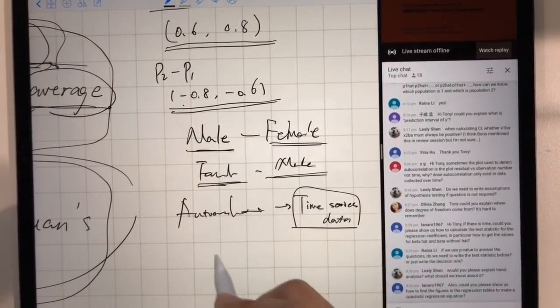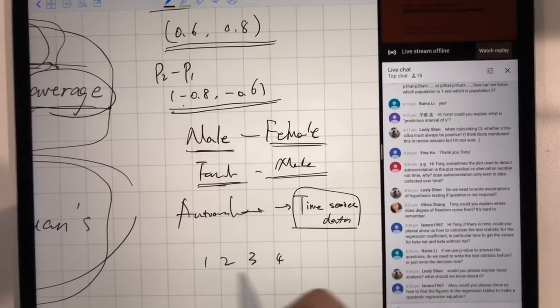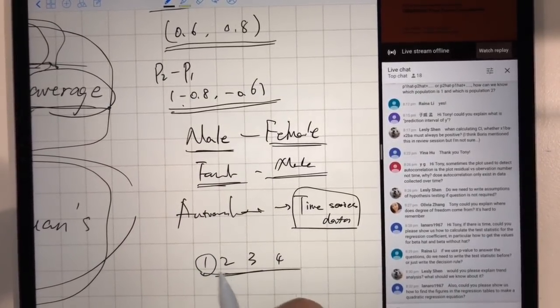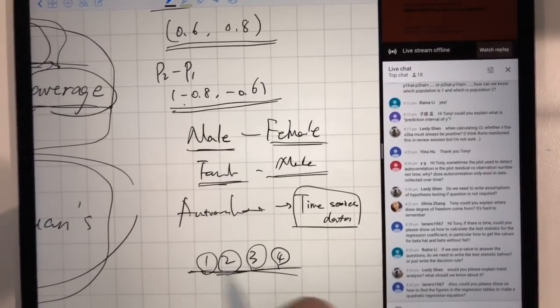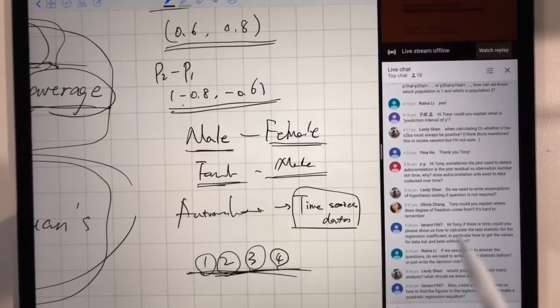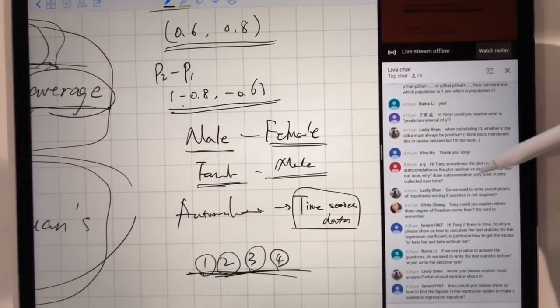So the order of the observation is also like a time series, right? You order the first one first, second one second, third one third, fourth one fourth, right? So this is like a time series, right? So yes, it is.